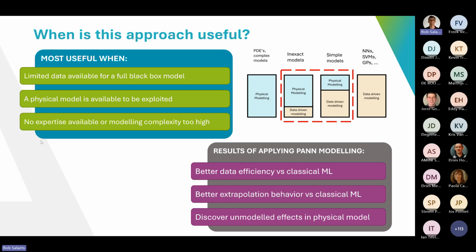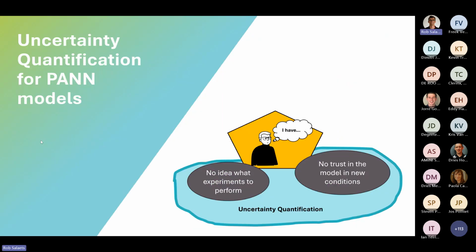And you can use this approach to iteratively improve your physical model by analyzing what the neural network is doing. That will be the missing components in your physical model. Okay, so that was a very short introduction to the PAN models.